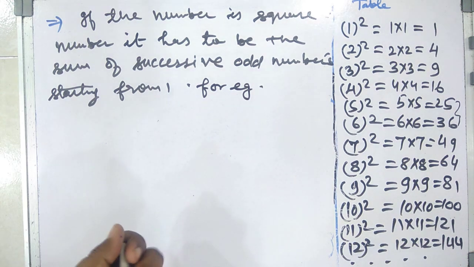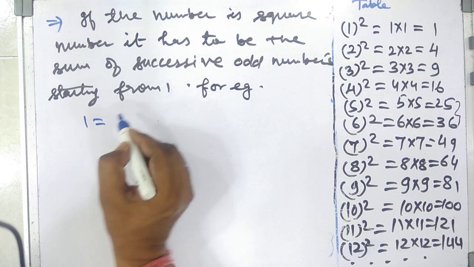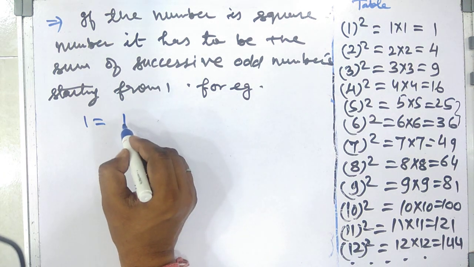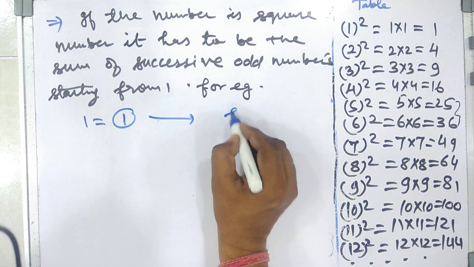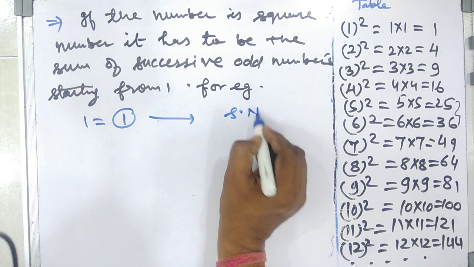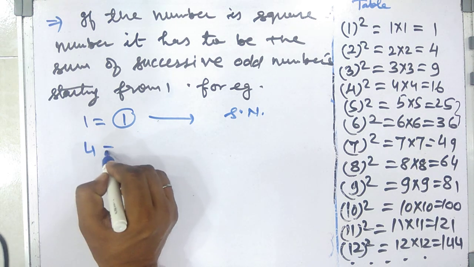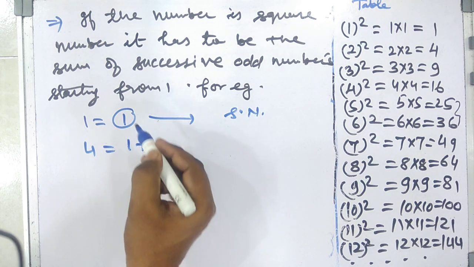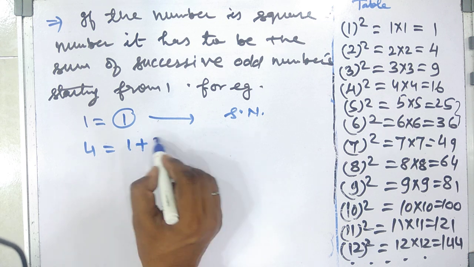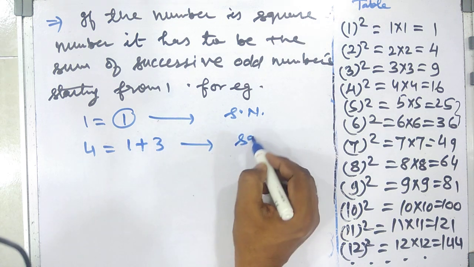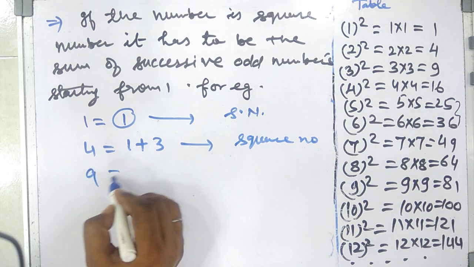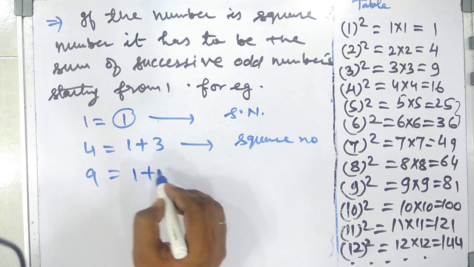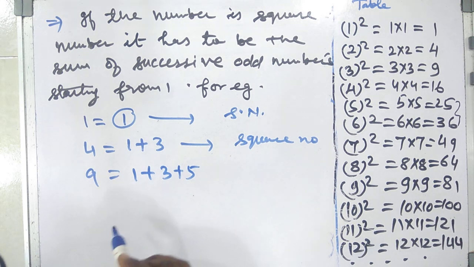For example, 1 is the sum of the first odd number starting from 1. So this is a square number. 4 is also equal to 1 plus 3. So square number. Then 9 is also equal to 1 plus 3 plus 5.